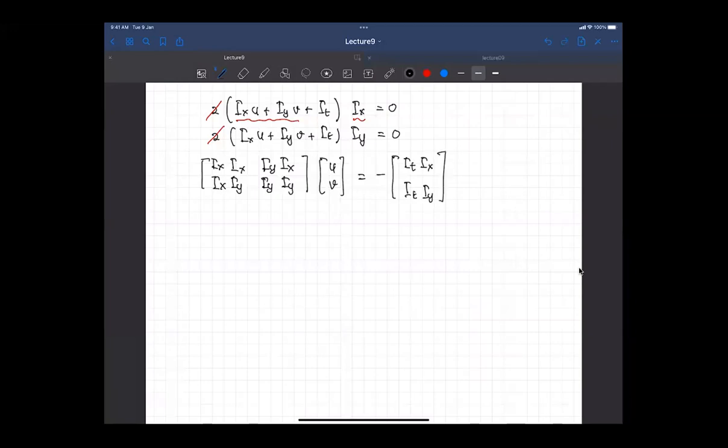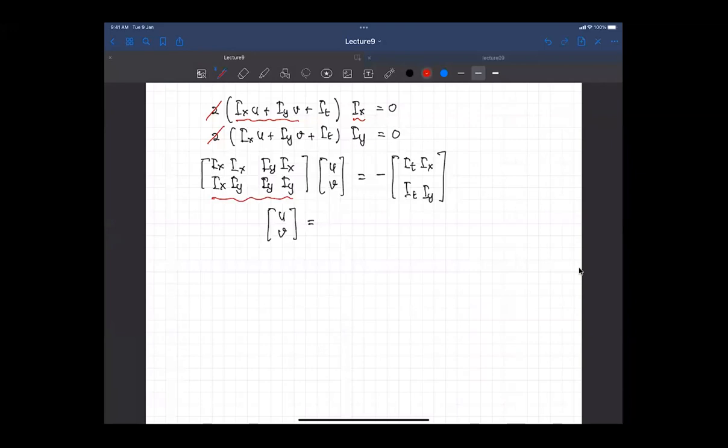So in the end, what do we want to find? What is the goal here? To find U and V. So if you want to find U and V, what do you do then? What is the next item here? The inverse of the matrix here, right?